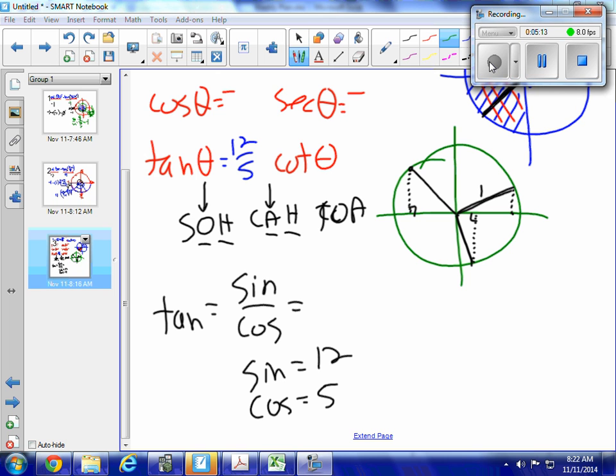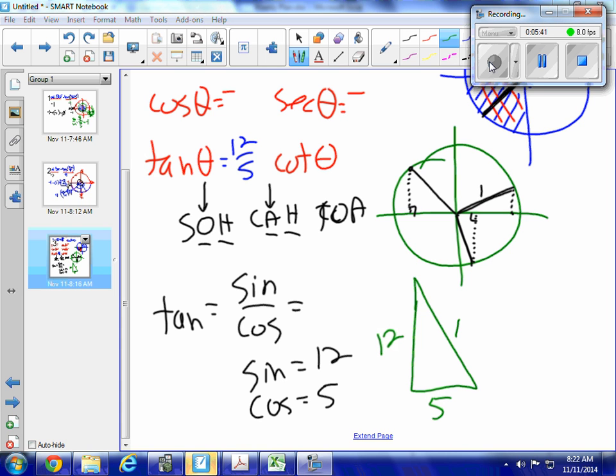So let's just make a right triangle here. I don't have any particular angle measurements on it, right? If the sine is 12 and the cosine is 5, and we say that those are the sides of the angle, right? How is it possible that my hypotenuse could be 1?